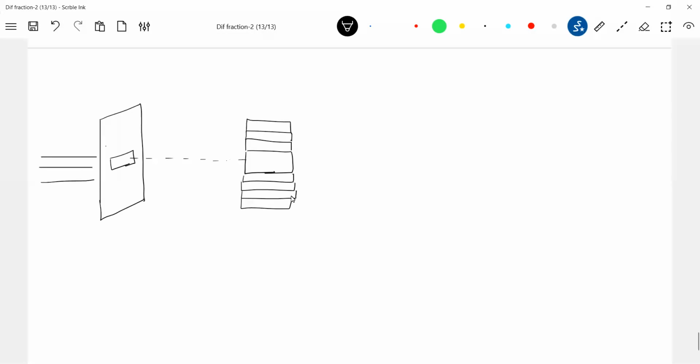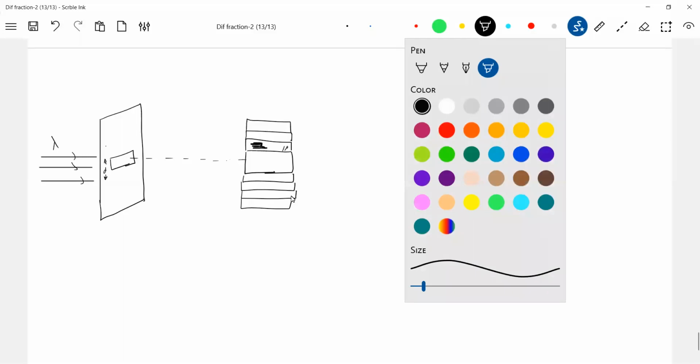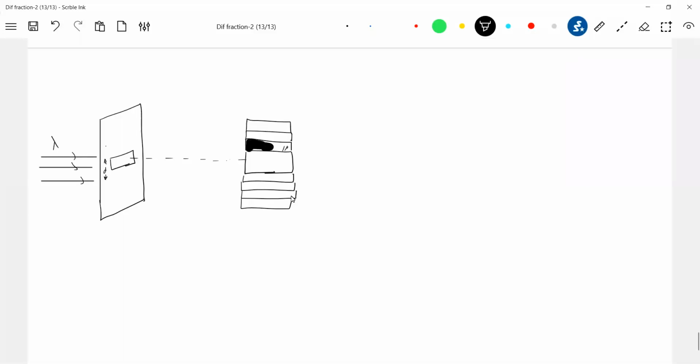The light, and there is a width, that is D. And the pattern on the screen has minima, where the black color is. This was the central maxima.